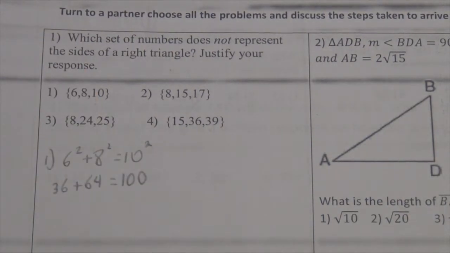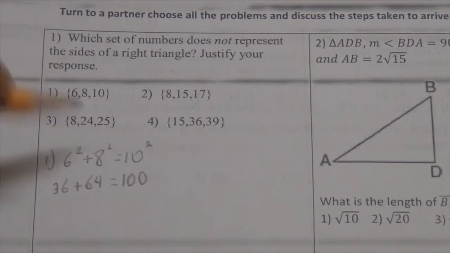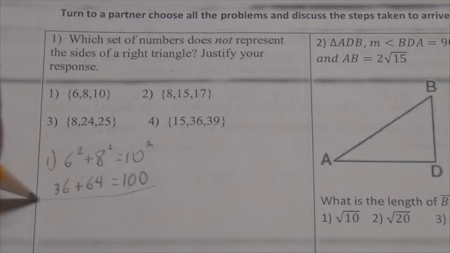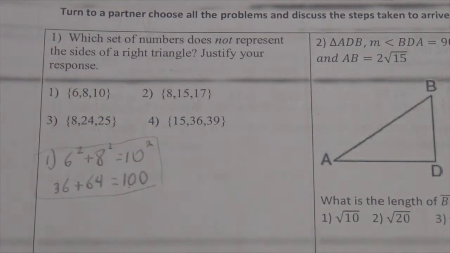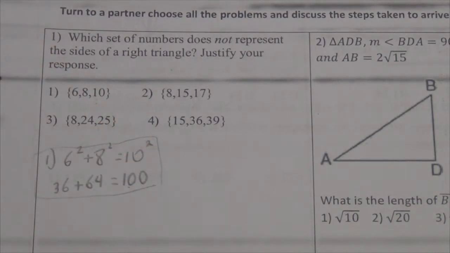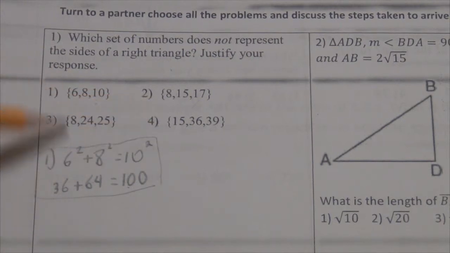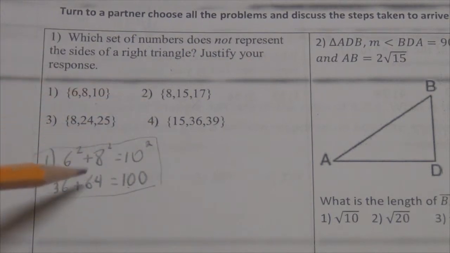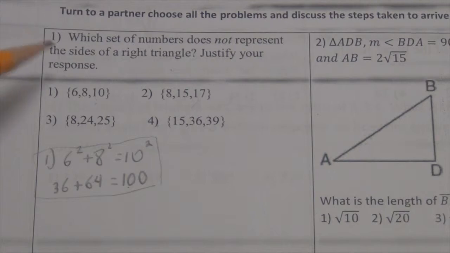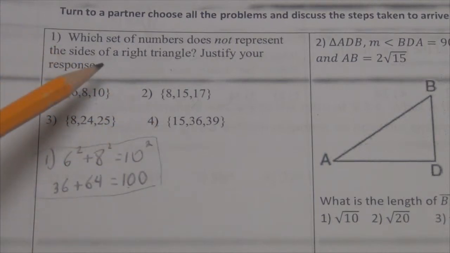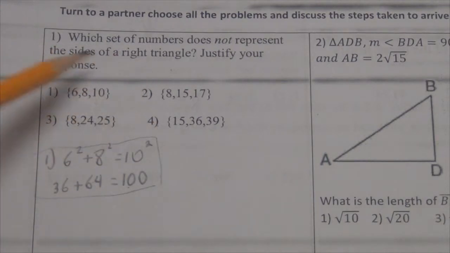If you have any questions, ask and I will explain. So 36 plus 64, is it 100? Yes. So guess what? This is a Pythagorean triplet. So no, this is not the answer, because they want the one that is not. So what you're gonna do is check each of these to see which one does not represent the sides of a right triangle.